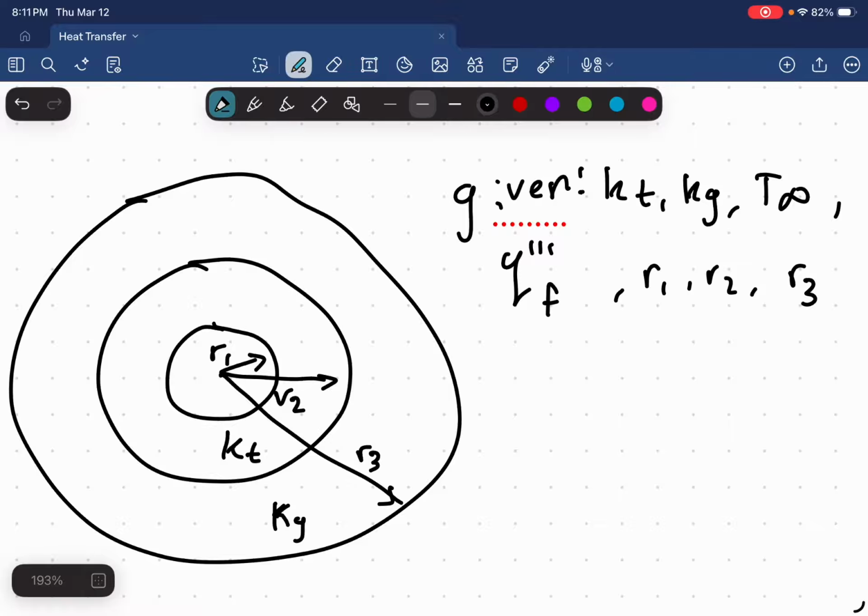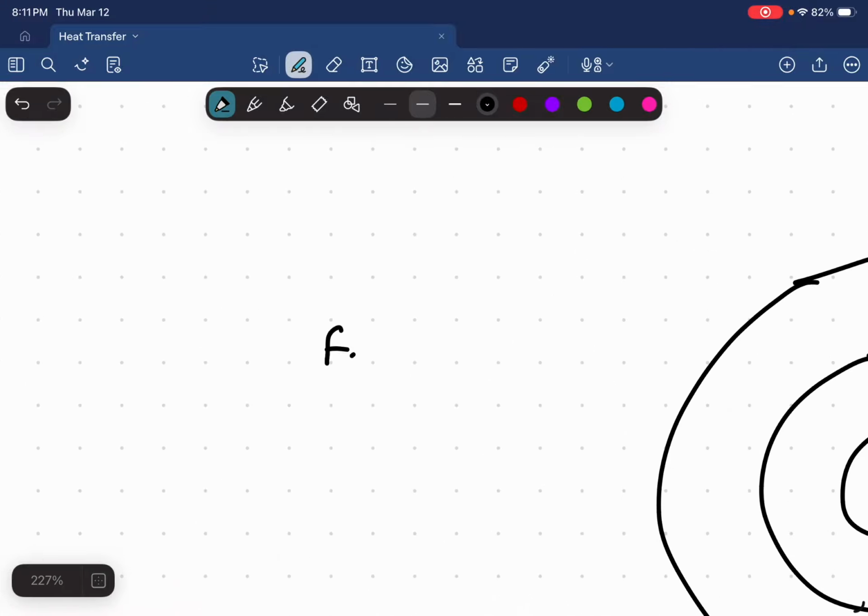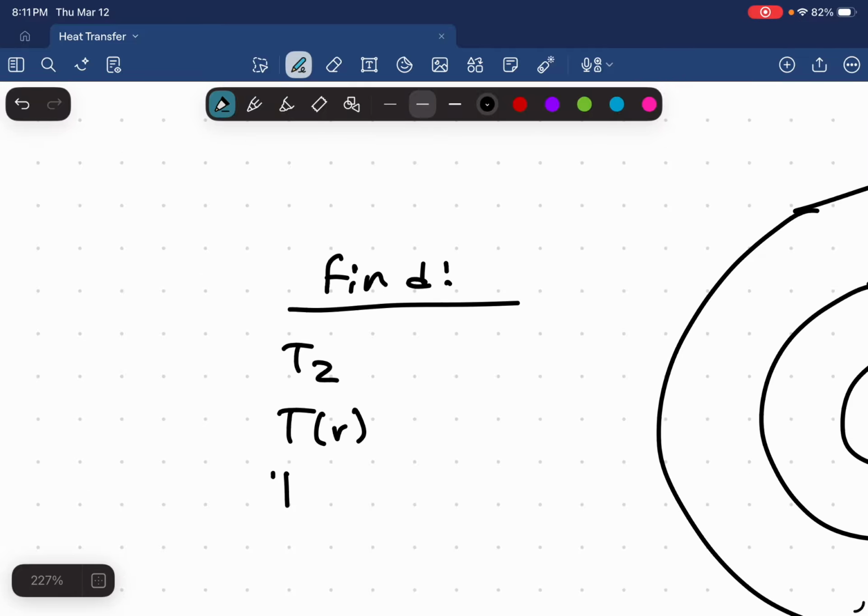So in this problem, let's say you wanted to find the following: the temperature at the second radius, the temperature as a function of radius, and the maximum temperature. So finding these three.